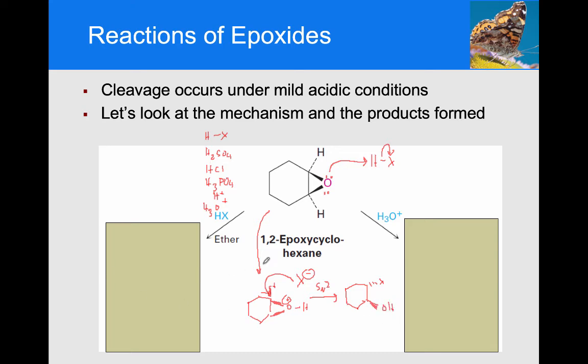Okay? So the product here is the opening, and if you go back and look at it, this product is related to the acyclic opening, right? In the acyclic opening, the difference is that in the ether, these two carbons aren't attached. So one of these carbons would become the alkyl halide, one would become the alcohol.